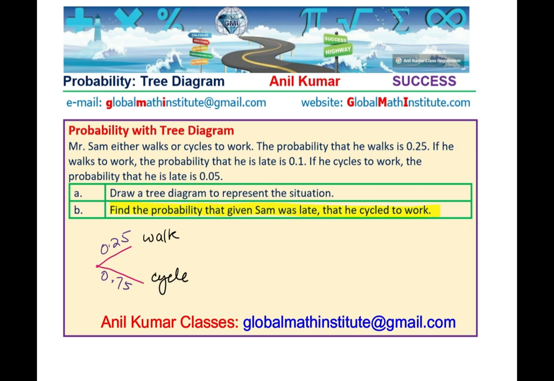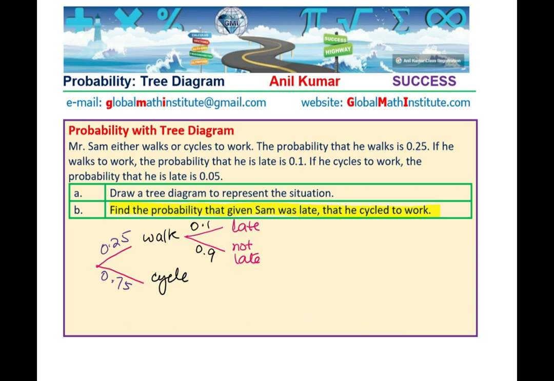If he walks to work, the probability that he is late is 0.1. Not late will be 0.9. If he cycles to work, the probability that he is late is 0.05.